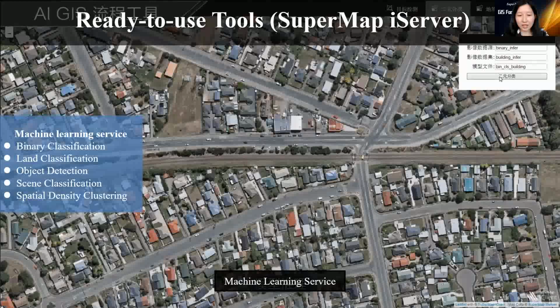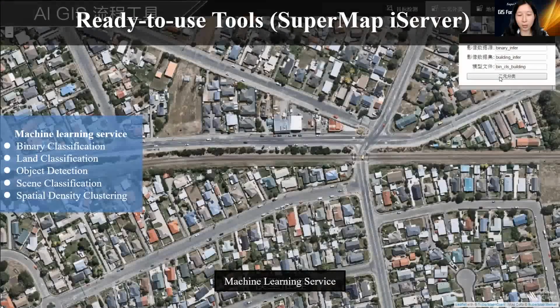And this is the server product, another ready-to-use tool, the machine learning service. The product provides functions to use directly, such as binary classification, land classification, object detection, and so on.